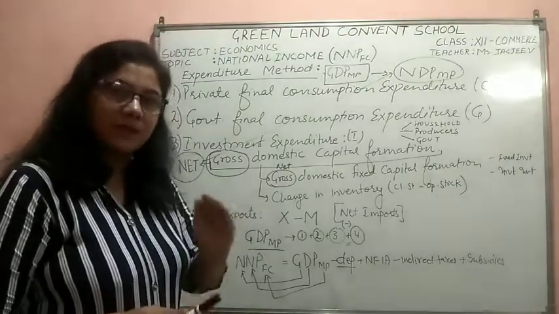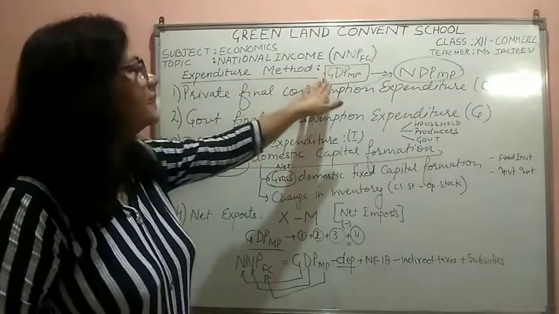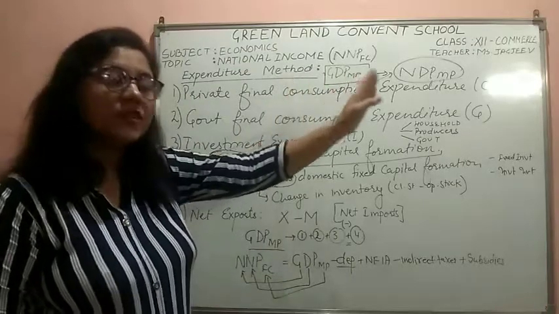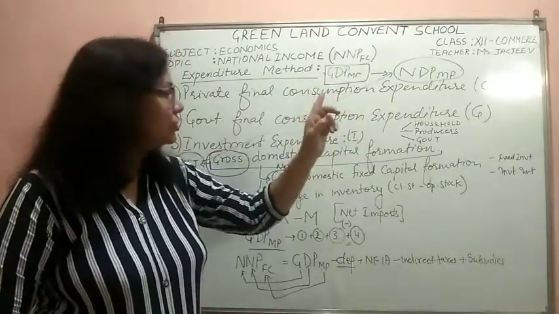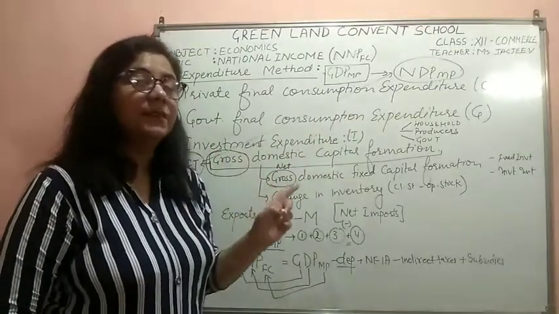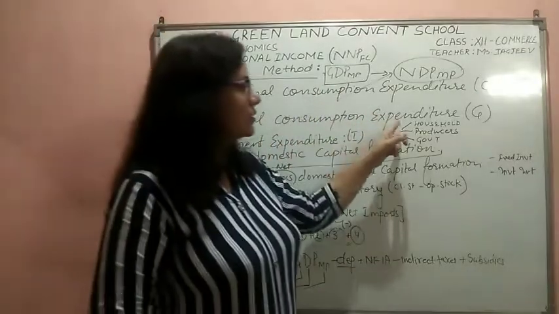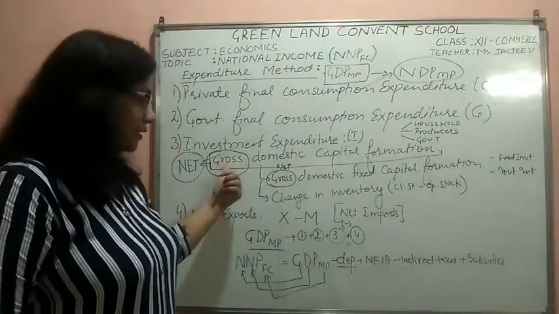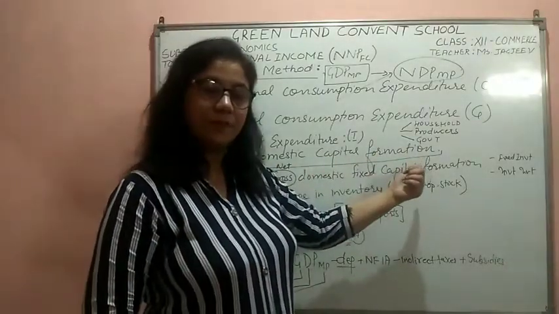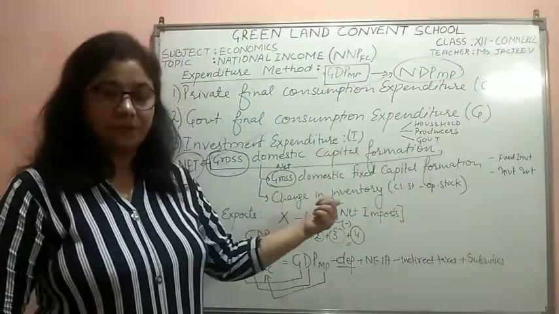So dear students, once again I would be repeating it for you. With the expenditure method we would be getting GDP at MP. First component is private final consumption expenditure done by the households and NGOs. Government final consumption expenditure done by the government on midday meals or defense. Investment expenditure done by households, producers and government, always written in the question in the form of gross domestic capital formation, having two components: gross domestic fixed capital formation and change in inventory.